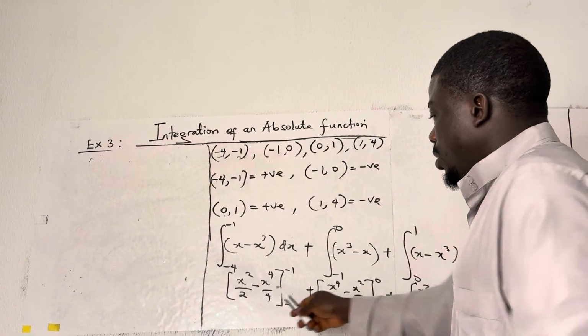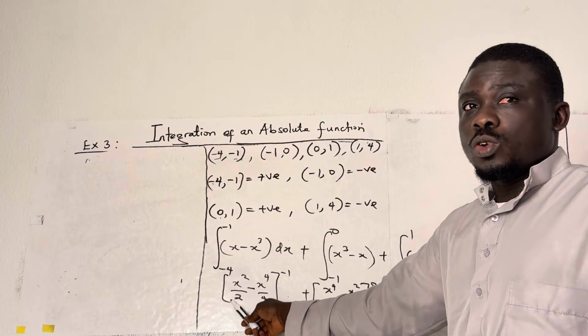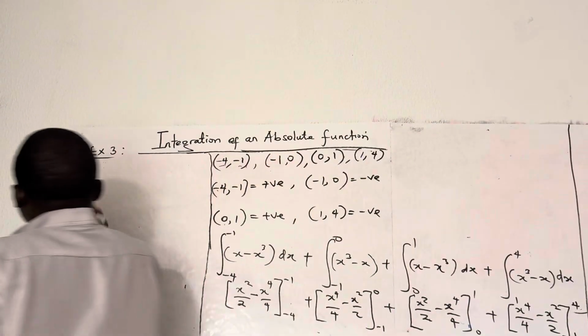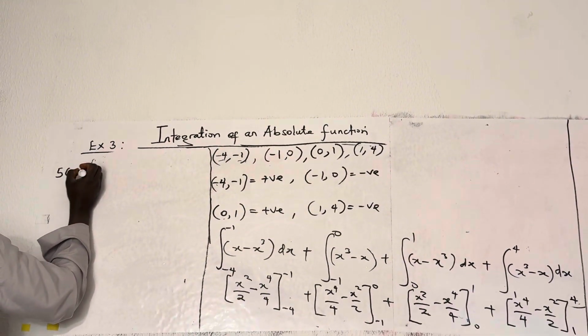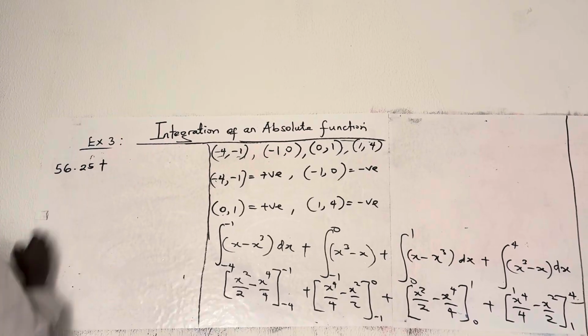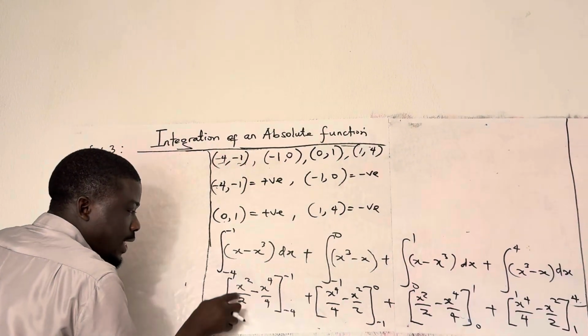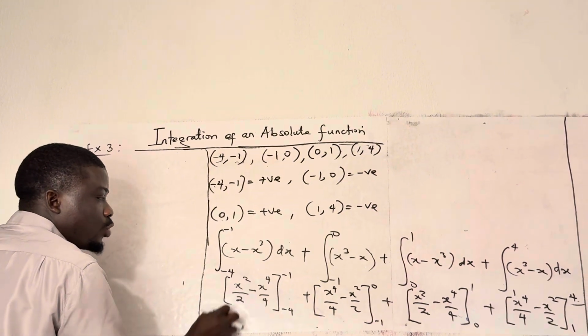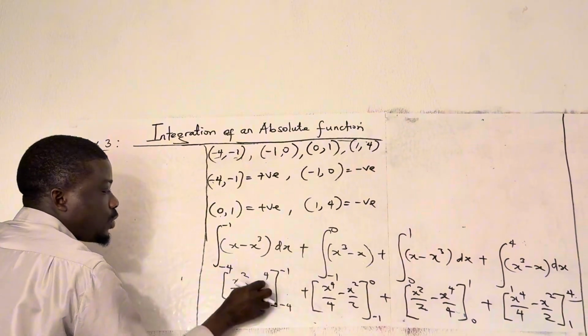I don't want to waste time on making substitution, it is what you can easily do. If you make substitution on this, we have 56.25. If you put minus 1 here, any answer that you got will be subtracted from what you get when you put 4 in each of these.